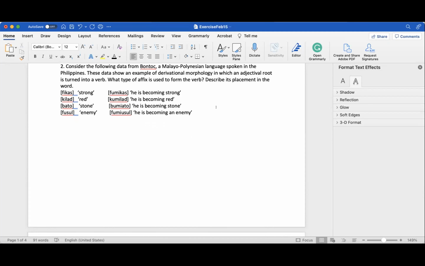So can I type underneath? I can type underneath this one. Okay. So the infix would be me. I don't know how to spell it, but me. And it's placed in the middle of the word after the first letter. Good.